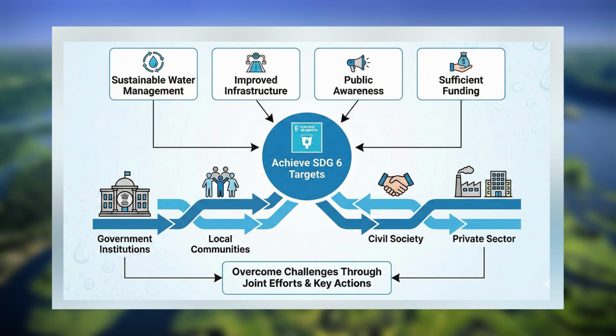India faces multiple obstacles in meeting SDG 6 targets, which require joint efforts from government institutions, local communities, civil society, and the private sector. Sustainable water management, improved infrastructure, public awareness, and sufficient funding are essential to overcome these challenges. One of the most serious issues is water scarcity, particularly in dry and semi-arid regions. Uneven availability of water, excessive extraction of groundwater, poor infrastructure, and inefficient management practices have worsened the situation.